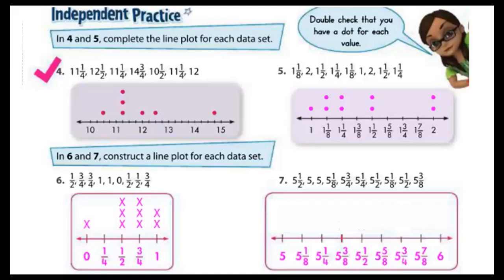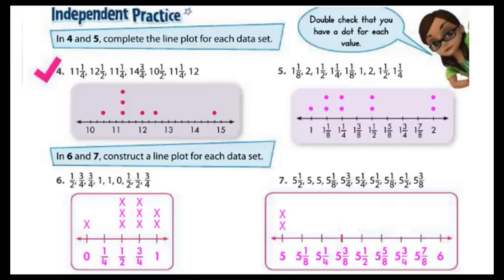Count all 5, just 5 as a whole number, without any fraction, without any decimal. How many times do we have? Just 2. I'm going to draw 2 x's over this point.